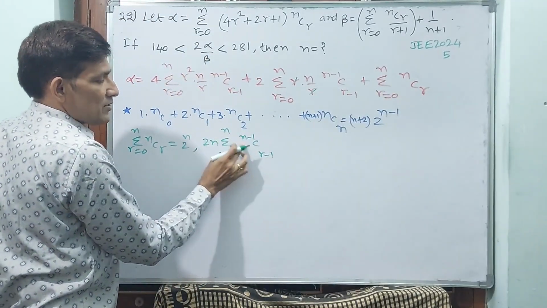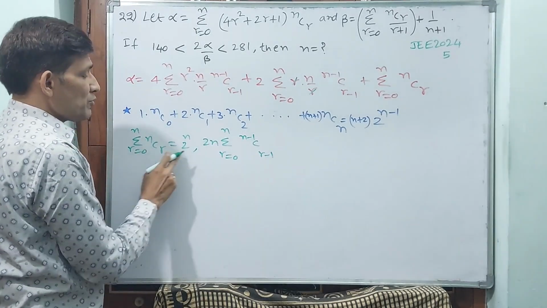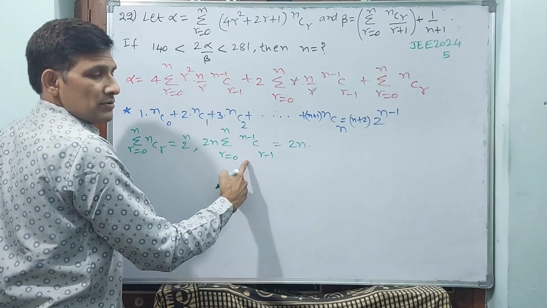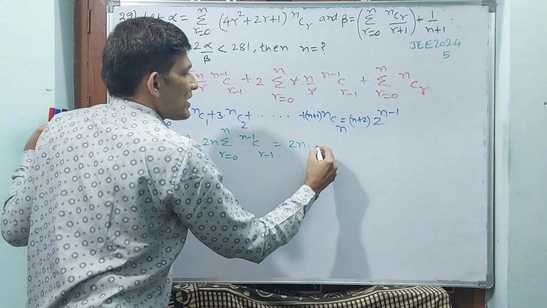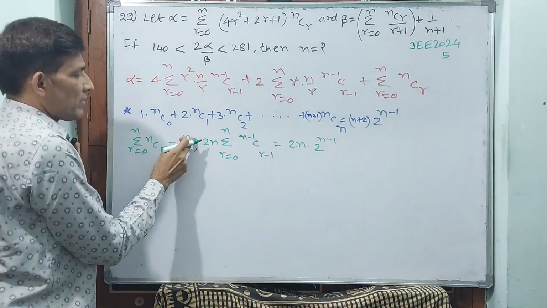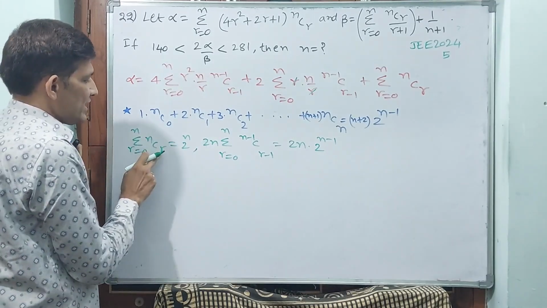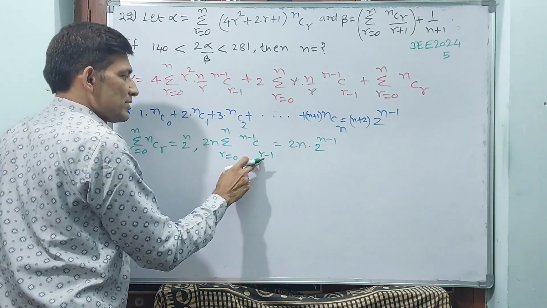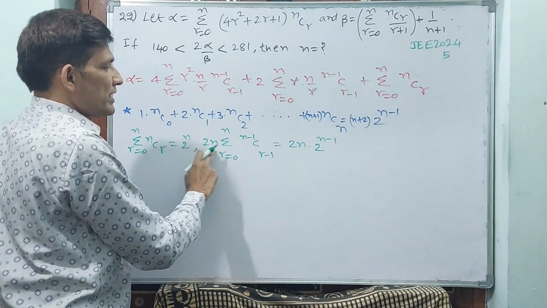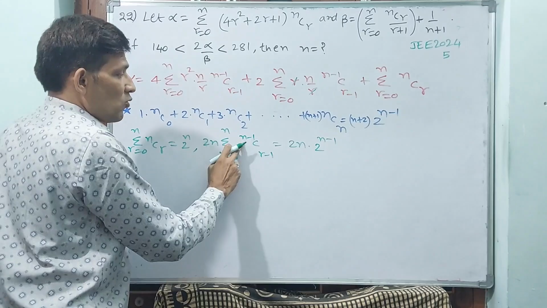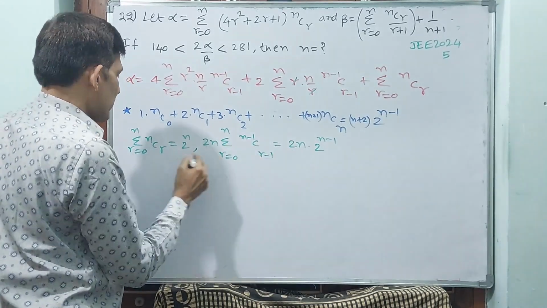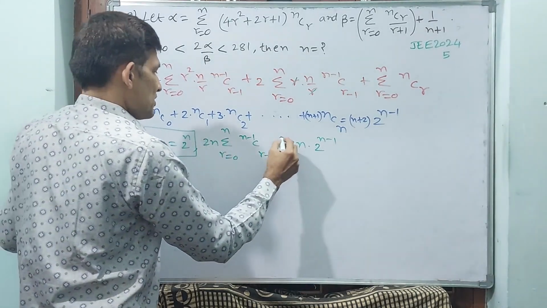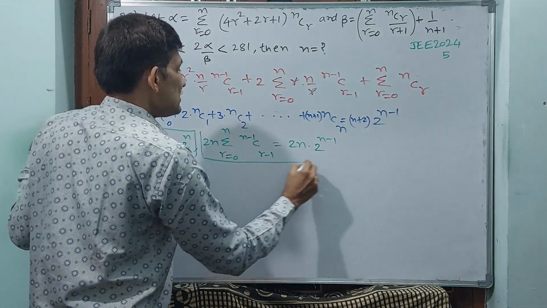Sigma with n and r both would give 2 power n. Here in place of n, n minus 1 is there, and in place of r, r minus 1 is there. That is why we can take this directly as 2 power n minus 1. That means 2n into 2 power n minus 1. See, these two I am boxing. With one step only you have got these values.